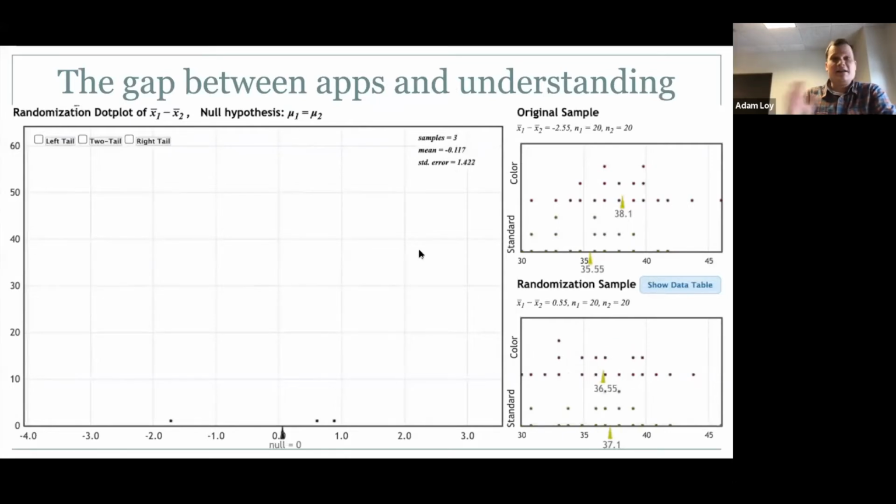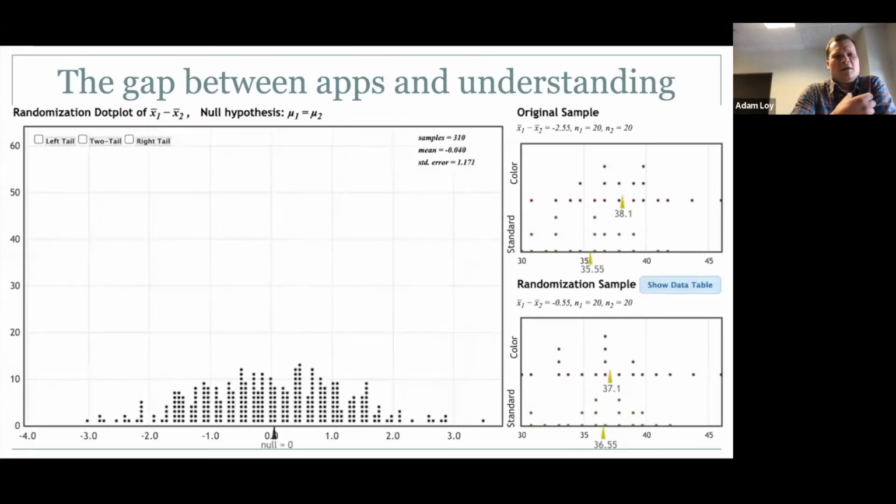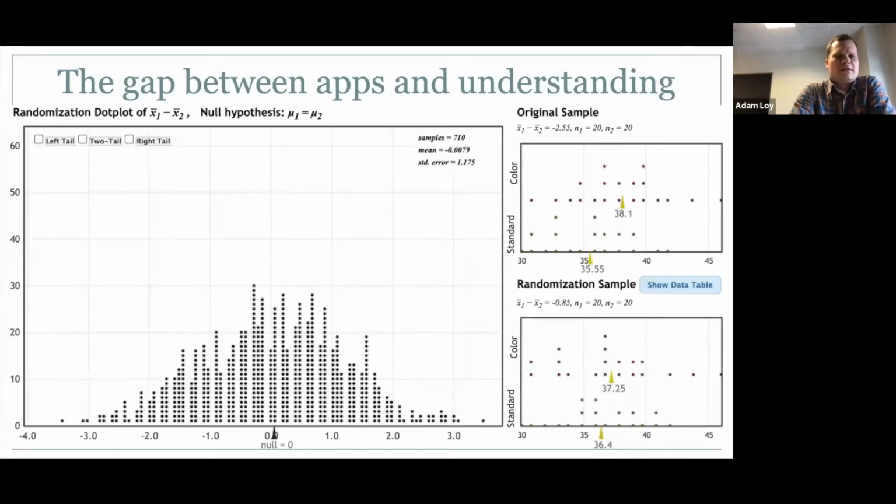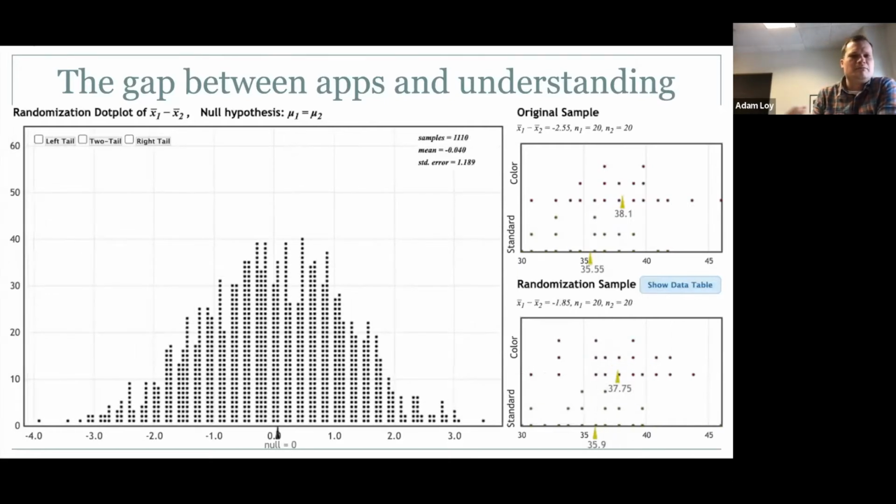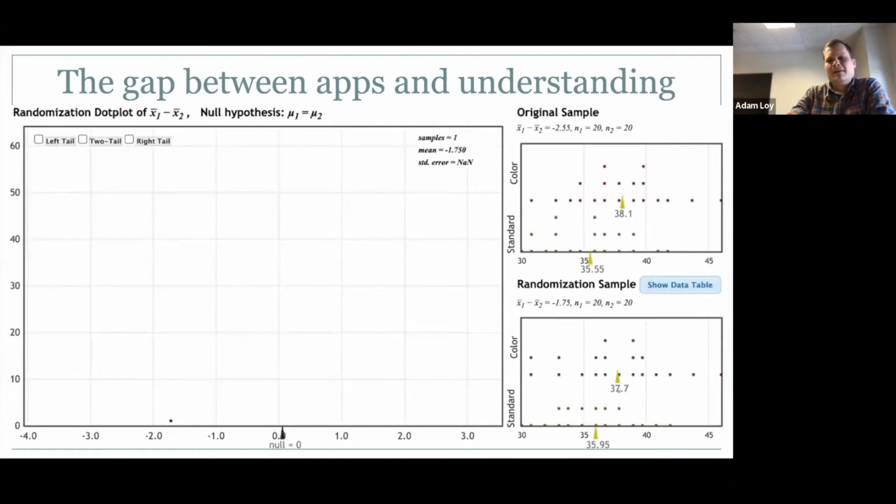I like StatKey. I'm not trying to say that there's anything wrong with this type of app, but what I started to see in my students was confusion as we were building up this randomization distribution at the beginning. It felt like we were going a little bit too quickly when we were still trying to build that logic, and thinking about dots on this plot seemed to just throw them off.